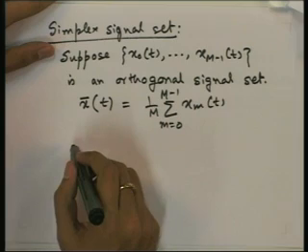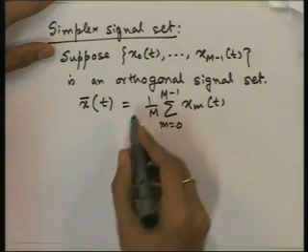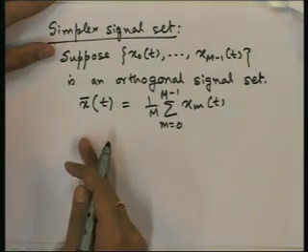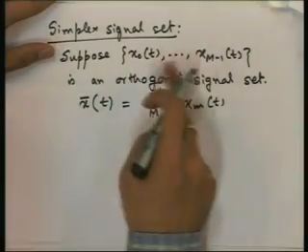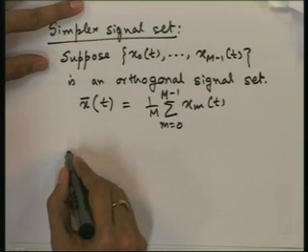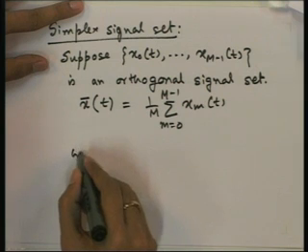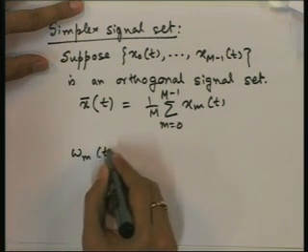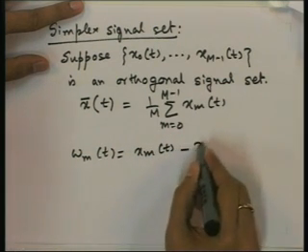And then we will construct another signal set, the translated signal set, where we subtract this average from each. Let us call that W m t, that is x m t minus x bar t.